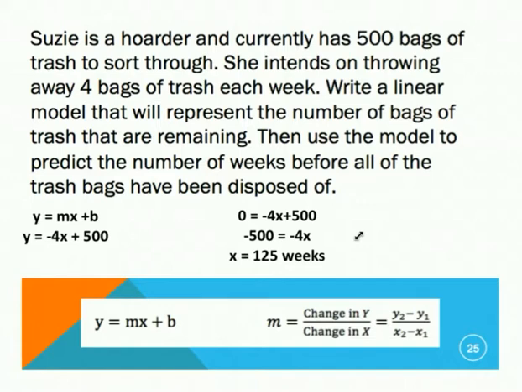We know that she's getting rid of 4 trash bags every week. So if we take the 4 times the 125, we end up with 500. And that matches the number that she started with. So basically what that would tell you is that she got rid of 500 trash bags and she had 500 to start with, which would mean that all of them have been disposed of.